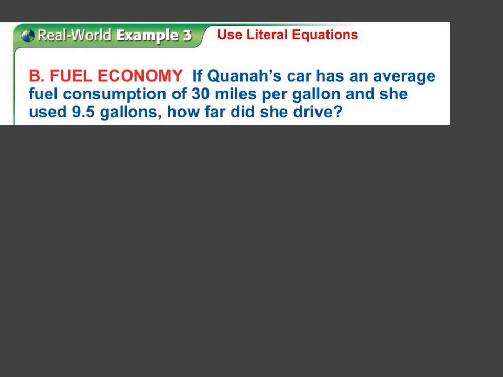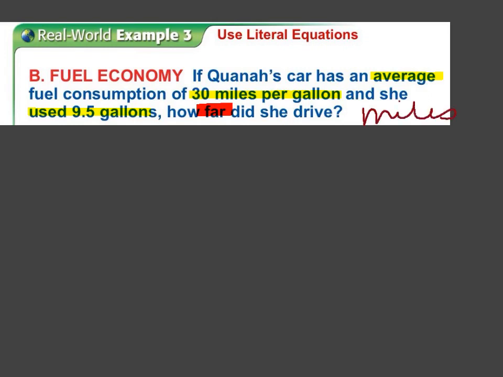Okay, so again, don't copy everything down, but we need to know what we are asking for. So we know that we have an average fuel consumption of 30 miles per gallon, and we use 9.5 gallons, and we want to know how far we drive. So what that translates into is miles.